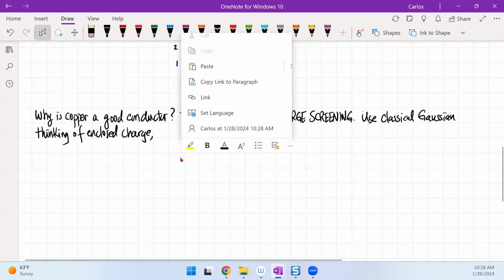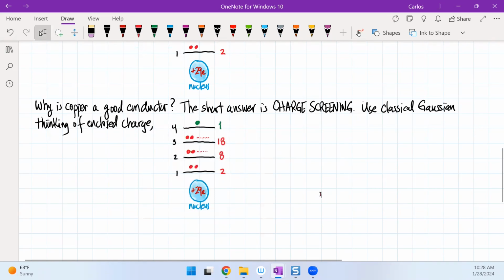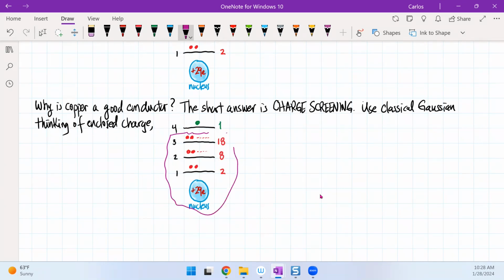let's say that this is what we have here. If I now take my Gaussian surface and enclose the nucleus plus the 3 shells, what is Q enclosed in this situation? It's the 29 protons in the nucleus.